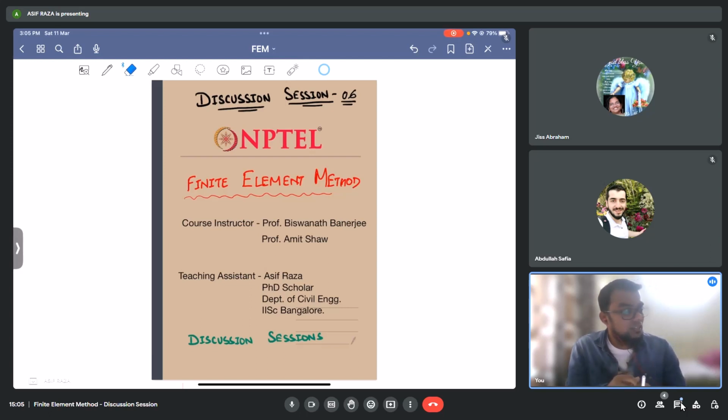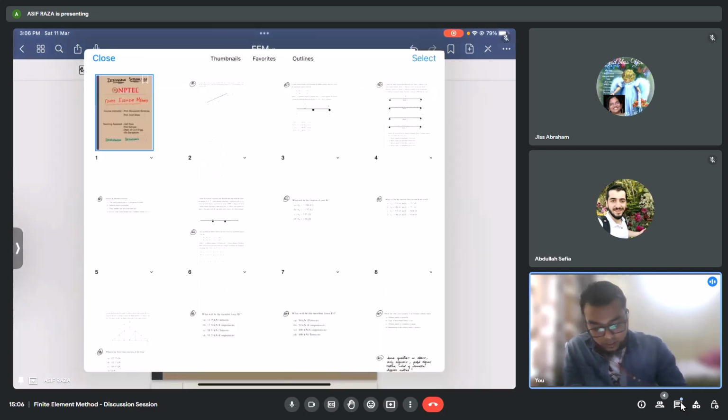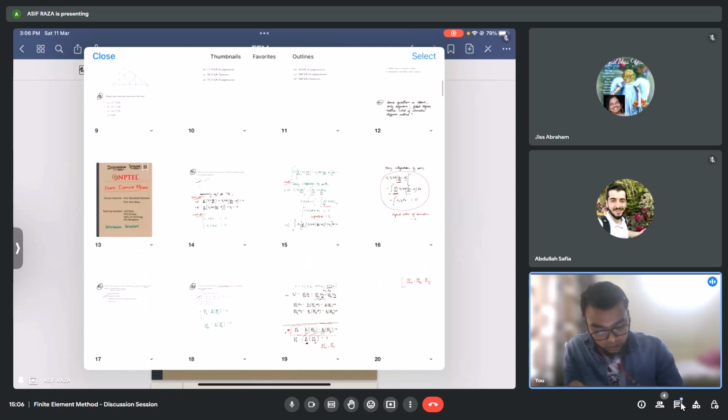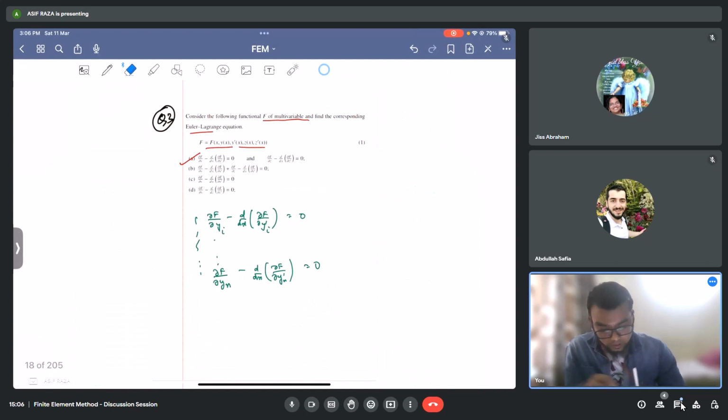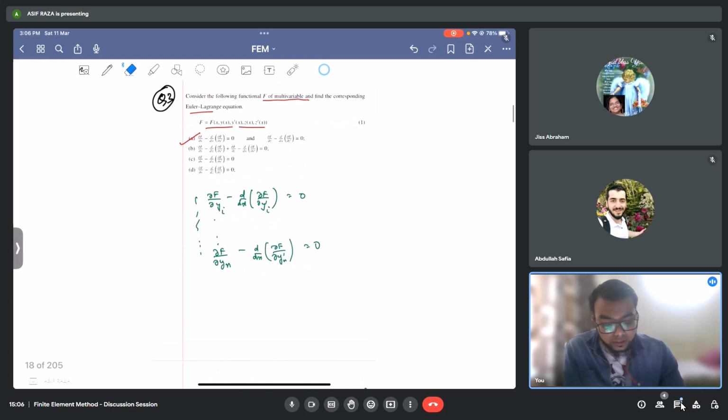Before starting discussing questions relevant to assignment number 6, I had to tell regarding last week's discussion. This was one question where we had to write the Euler-Lagrange equation for the functional having function of f of x, y prime of x, z x, z prime of x. Now the question was asked: what if our independent variables are multiple?